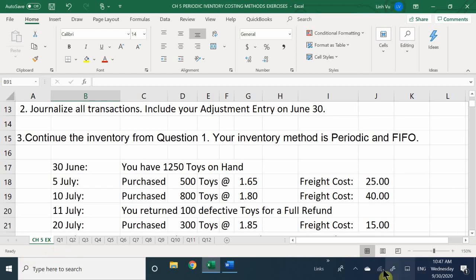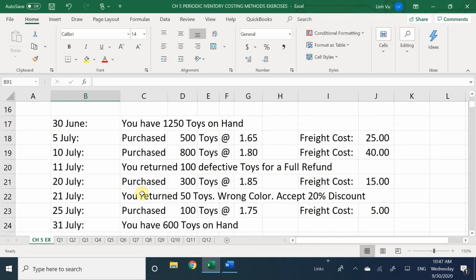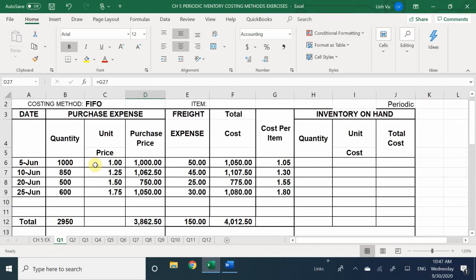So in this case, hold on, I'm going to double check. Okay, so here we know that on June 30th we have 1,250, so I'm going to go ahead and copy the information from our previous section and bring it over to our other side. So knowing that we're supposed to have a remainder amount in this account right here, right?